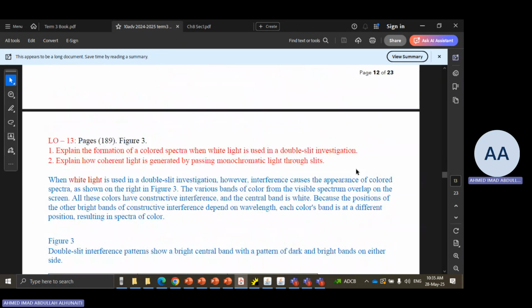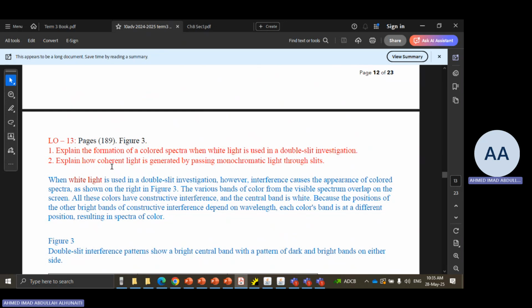Explain formation of color spectra when white light is used in double slit. Explain how coherent light is generated. What is coherent light? Coherent light is light where all the waves are in phase and all the individual waves have the same frequency.